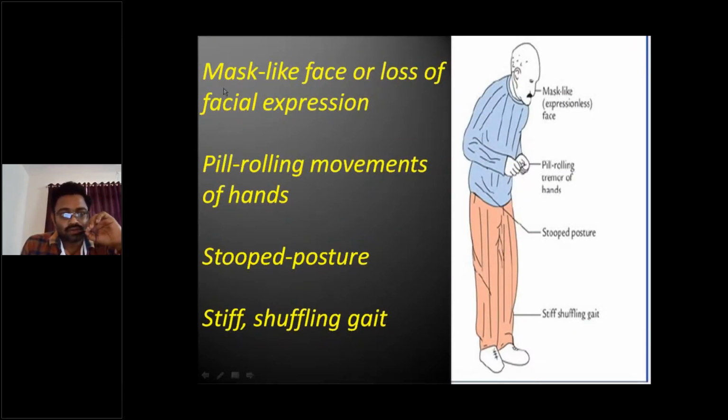Also mask-like face or loss of facial expression, pill-rolling movements of hands, stooped posture, stiff and shuffling gait. These are the symptoms of Parkinsonism.